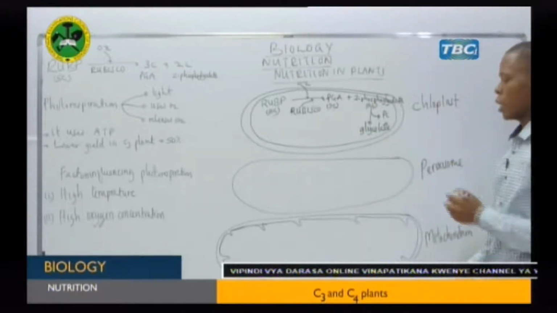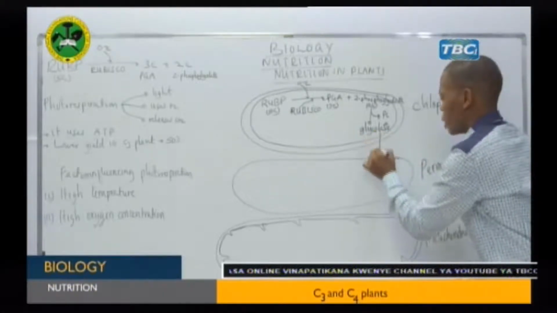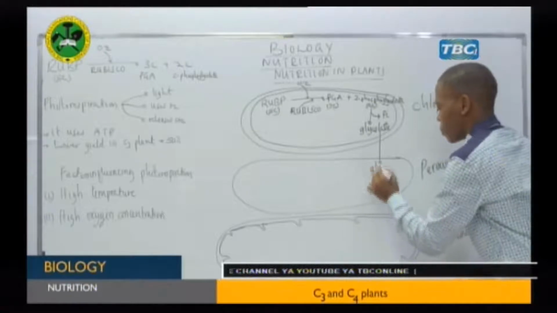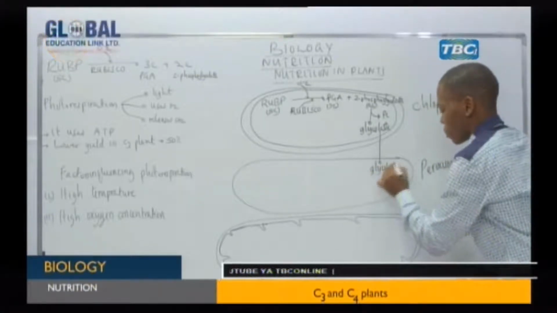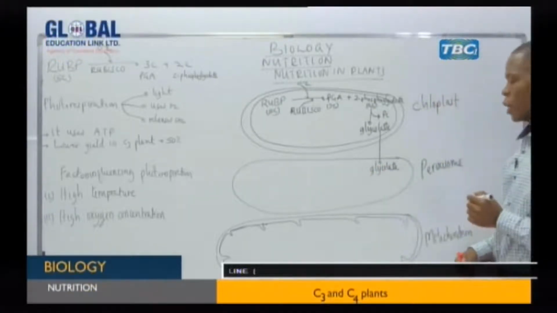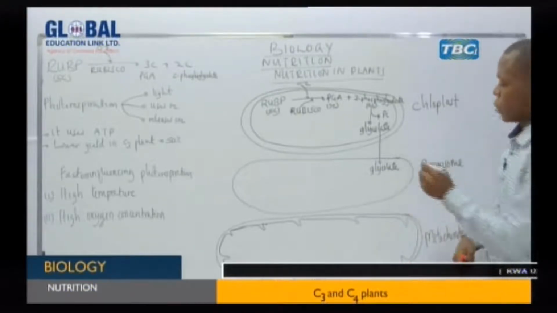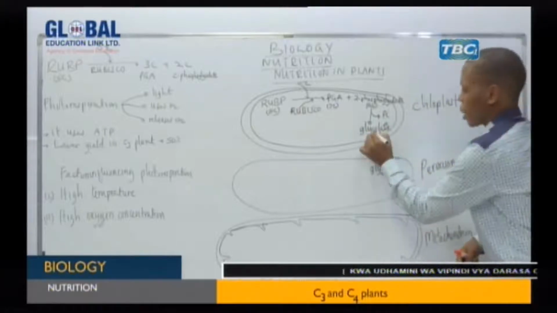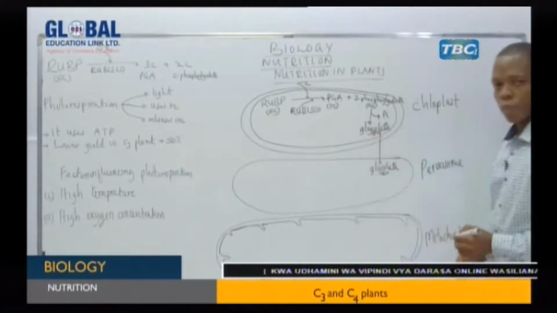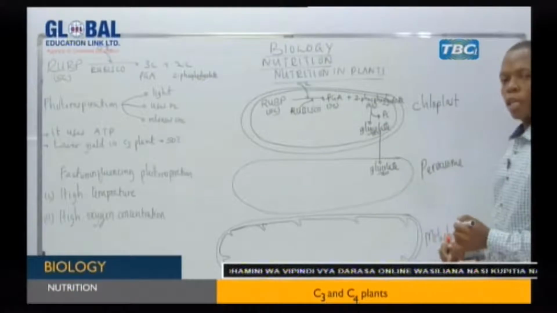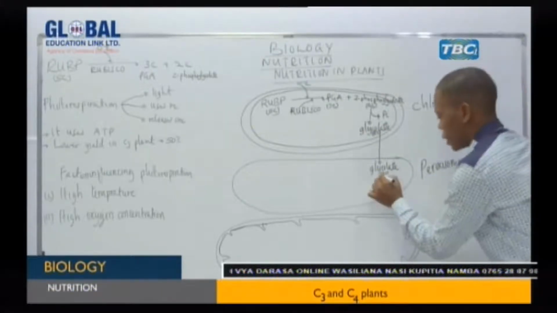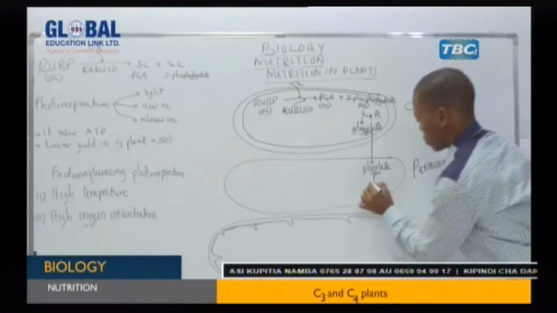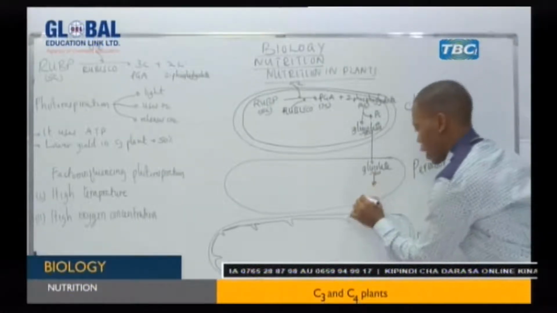This glycolate is transported into the leaf peroxisomes. Remember again, this is a 2 carbon compound. You see, this is a 2 carbon compound. The glycolate in the leaf peroxisomes is converted into another compound known as glyoxylate.